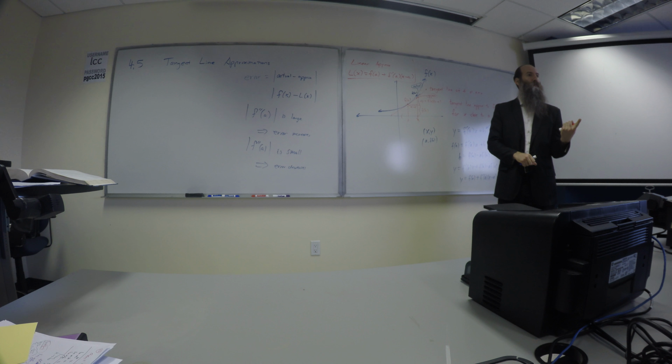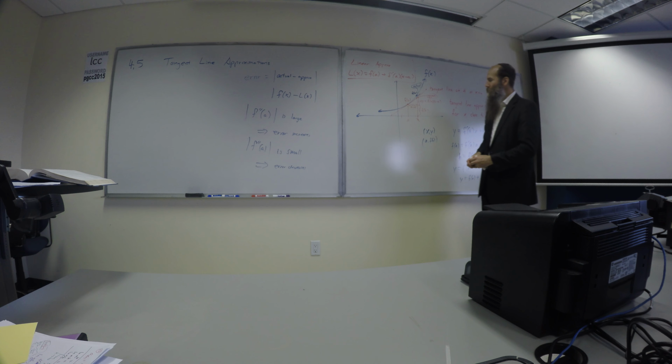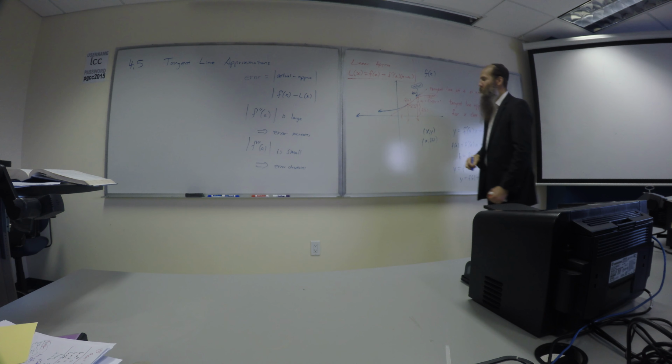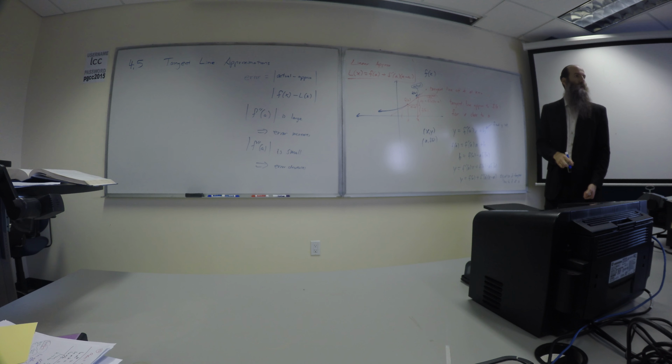When you draw the tangent line, you know what the slope of the tangent line will be. So the idea is, I don't really know what's going on after my spot.